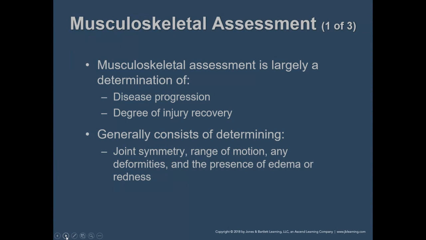Now, let's explore that. Looking at joint symmetry and range of motion, is it passive range of motion that they're having a problem with, or is it active range of motion when they move? Do I have redness and edema? Both of those are inflammatory responses. It can be cellulitis, arthritic changes, bursitis, a whole bunch of different things. And now let's see what part is bothering them.